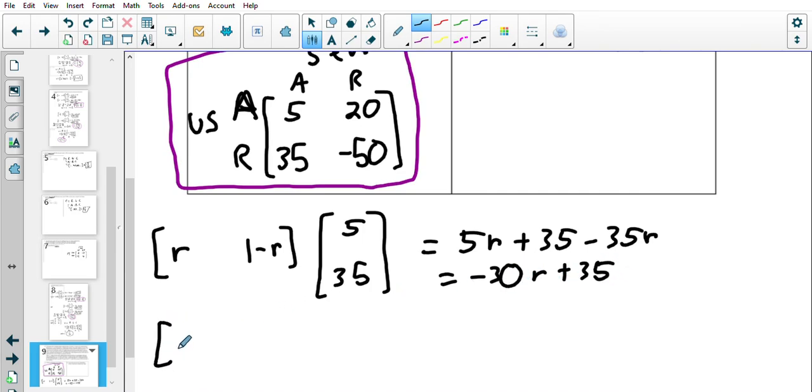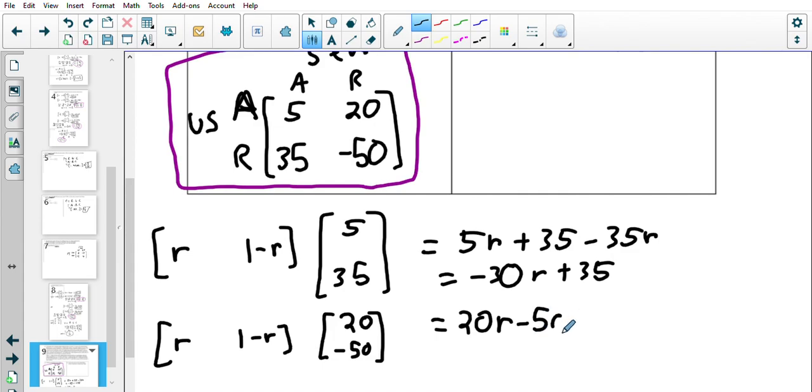And then against the second column, 20 and negative 50. We have 20R minus 50 plus 50R, or 70R minus 50.